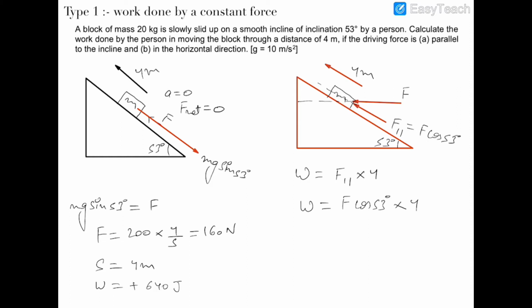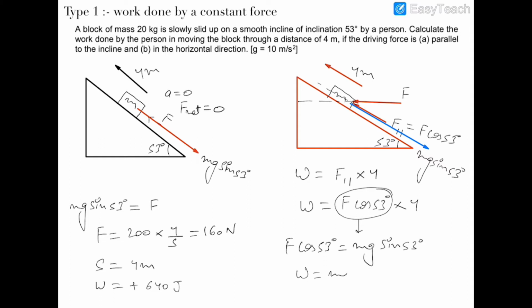Now this F cos 53 will be balancing mg sine 53, because again in this case the block is being displaced slowly, which means that the force acting in the downward direction, mg sine 53, is being balanced by F parallel.